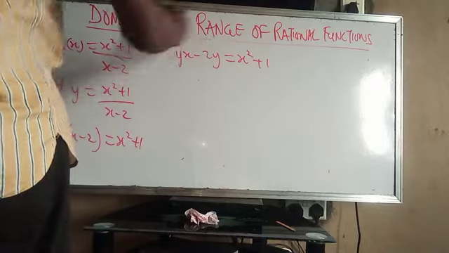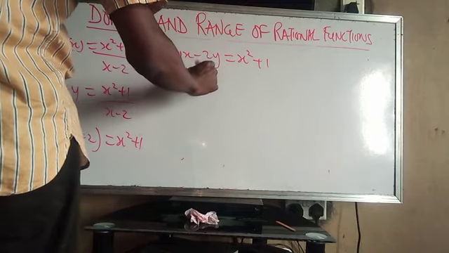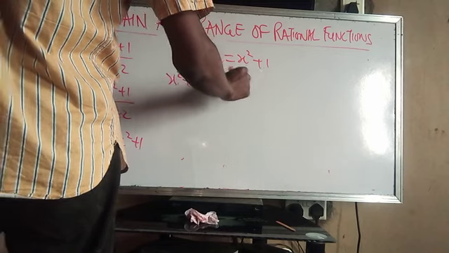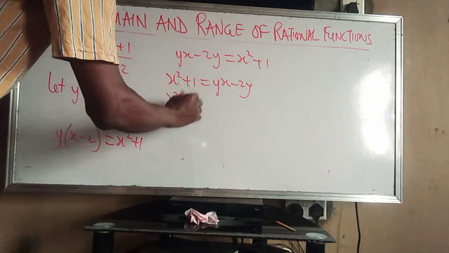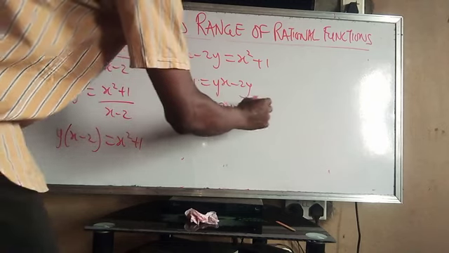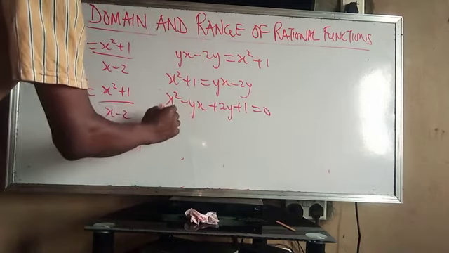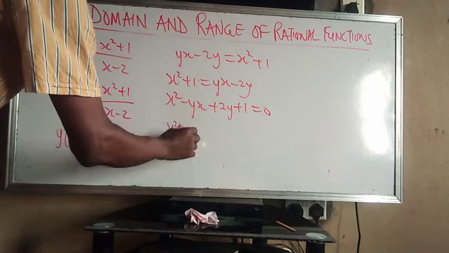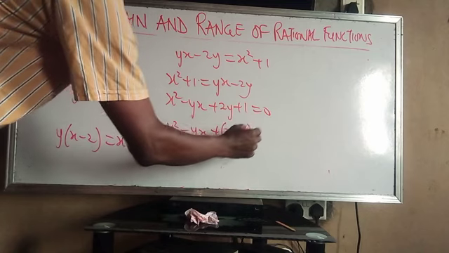Okay, so taking it to the other side, we can have x squared plus 1 equals yx minus 2y, which will become x squared minus yx plus 2y plus 1 equals 0. So we can have it like saying that x squared minus yx plus 2y plus 1 equals 0.